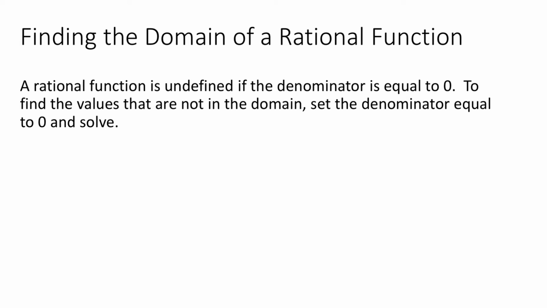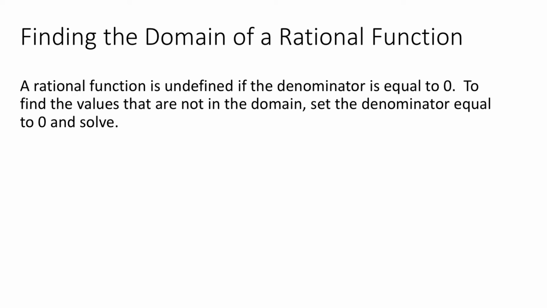For the most part with rational functions, most of the set of all real numbers is part of the domain. So you usually just have one or two values that are excluded. We're going to set the denominator equal to 0 and solve for x, and any solutions that we get are going to be values that are omitted from the domain of the function.